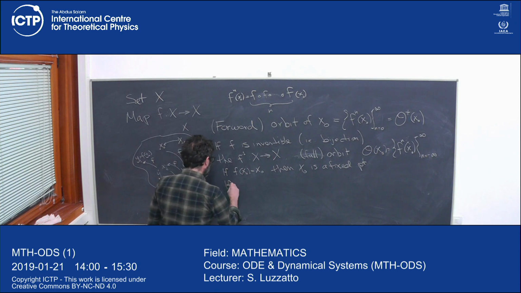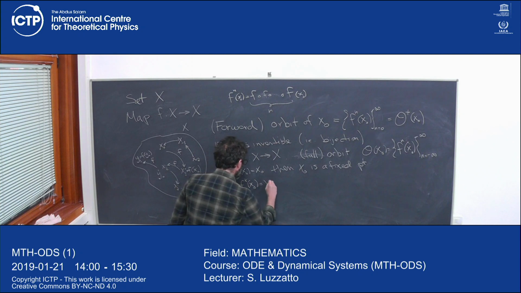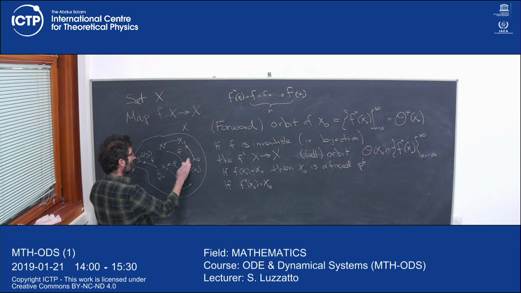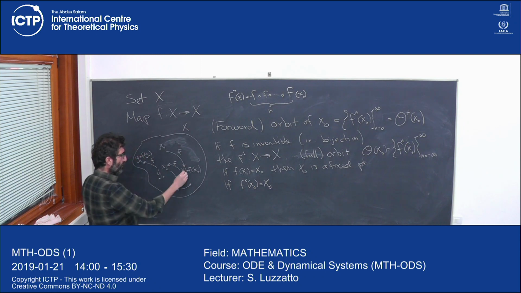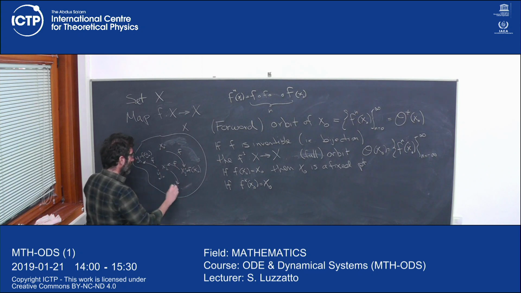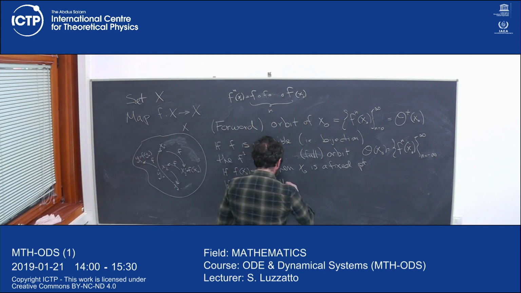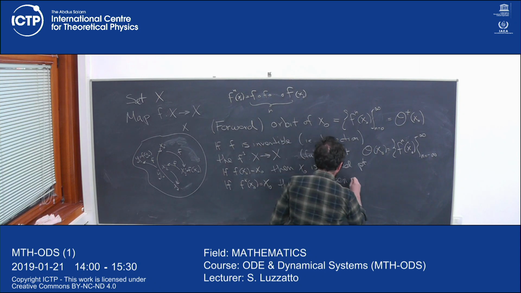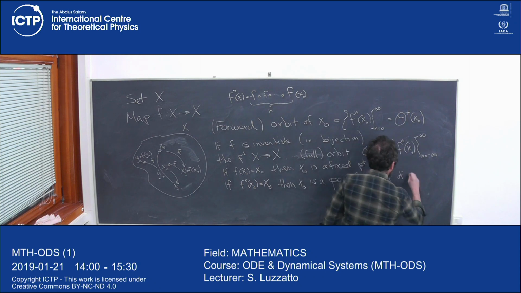If f^k of x0 equals x0, so it could be, for example, that x0 goes to x1, goes to x2, goes to x3, and x3 maps back to x0. Then this is called a periodic orbit of period k.